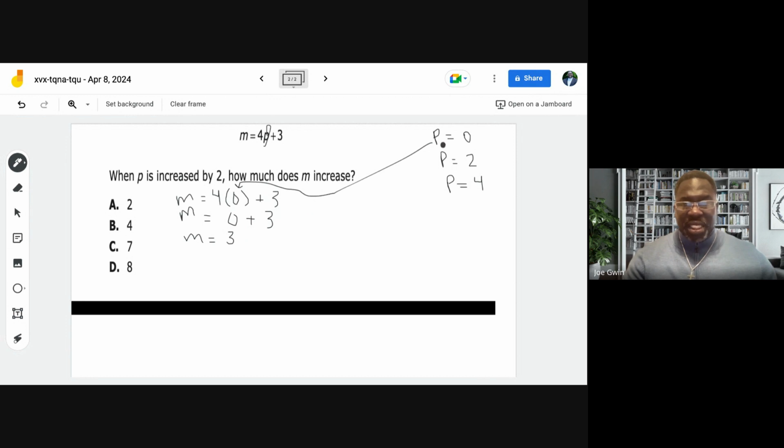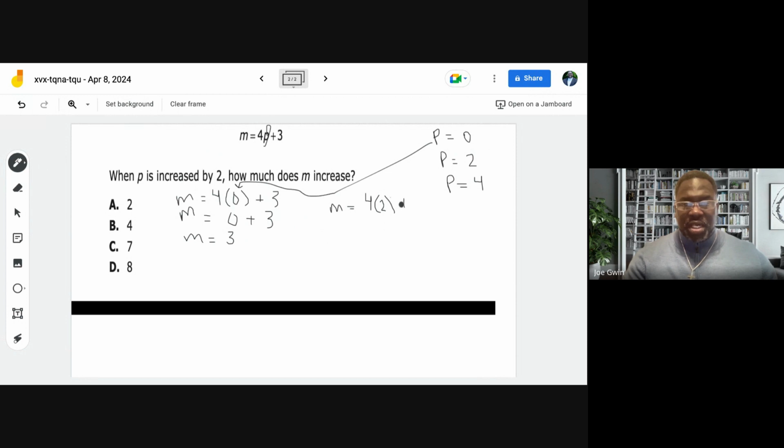So now we're going to plug in this 2 here. So now M equals 4 times 2 plus 3. All right, let's go. I don't want to take up too much of your time.